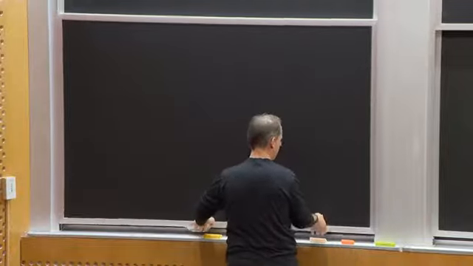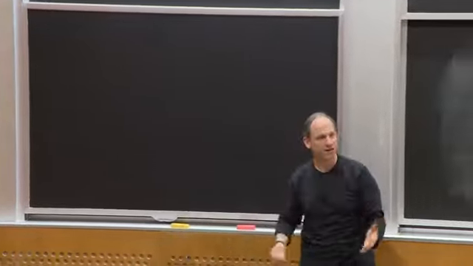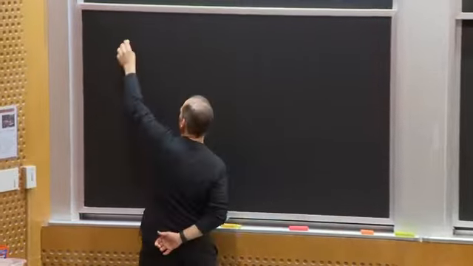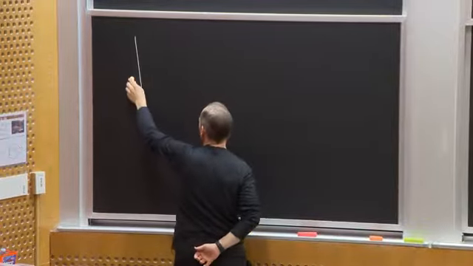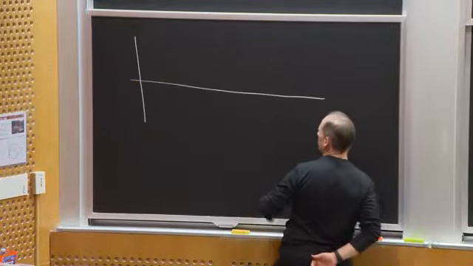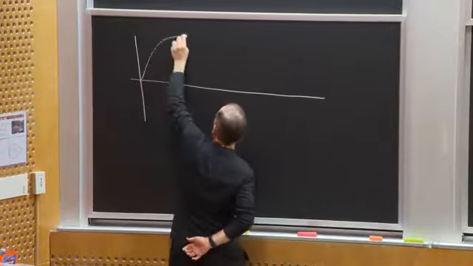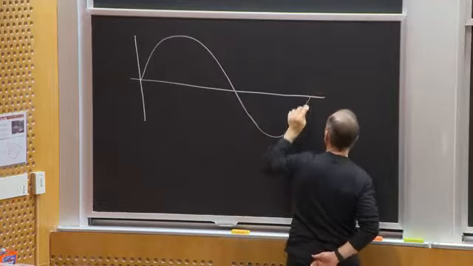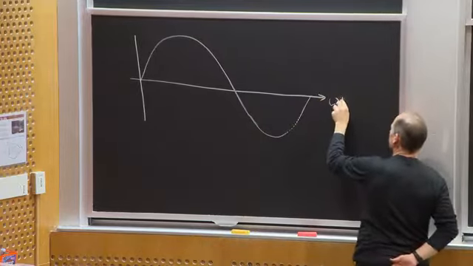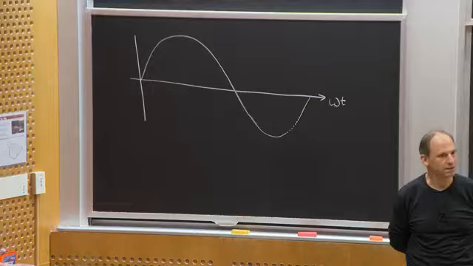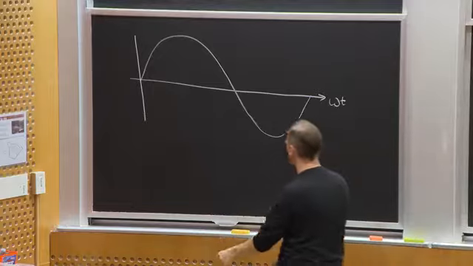Well, we did our method of assumed states analysis. Here's my sinusoidal voltage waveform, and I'm going to plot this versus electrical angle omega t. So this is Vs sine omega t.